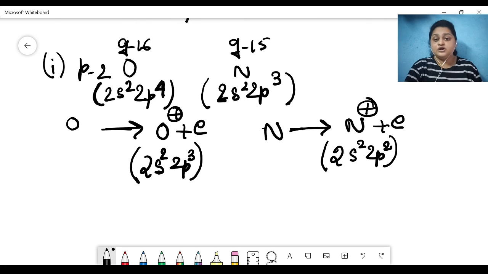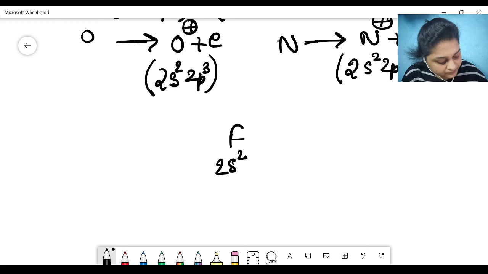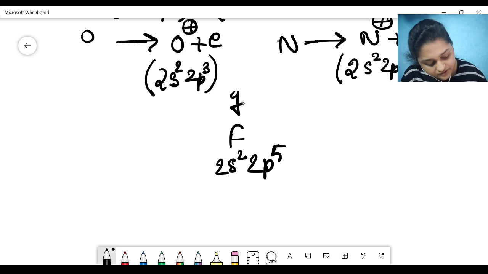if we compare the ionization of oxygen with fluorine? Now, fluorine, the valence shell electronic configuration is 2s2 2p5. It is a group 17 element and also period 2.